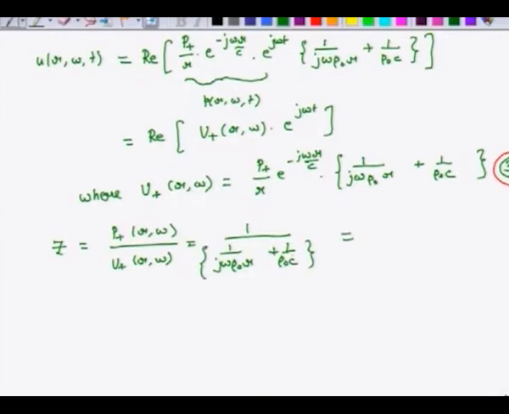And if I reorganize all the terms, in the numerator I get j omega rho naught r c, and in the denominator I get c plus j omega r.